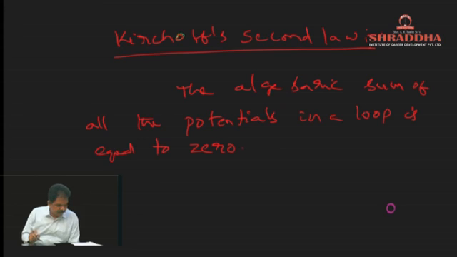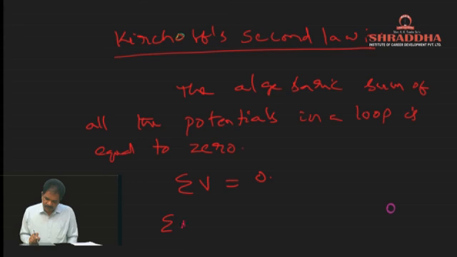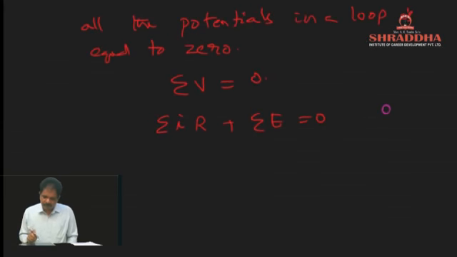So what it is saying is sigma V is equal to 0. We can write it as sigma IR plus sigma E is equal to 0. For example, in that circuit, some resistors are there, some batteries are there. So the algebraic sum of all the EMFs and all the potential drops across the resistors is equal to 0.